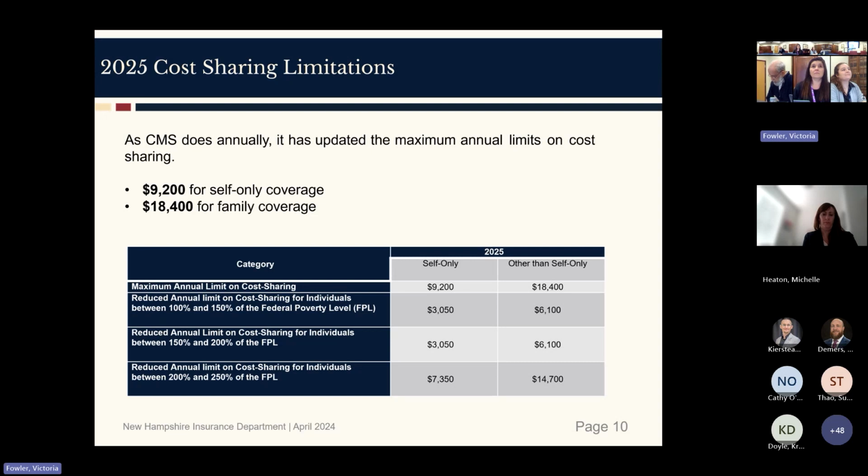The chart at the bottom of this slide also shows the reduced maximum annual limitations on cost sharing for the cost sharing reduction variation plans. We are still waiting for the cost sharing limits to be finalized from the IRS in regards to high deductible health plans. Next slide, please.